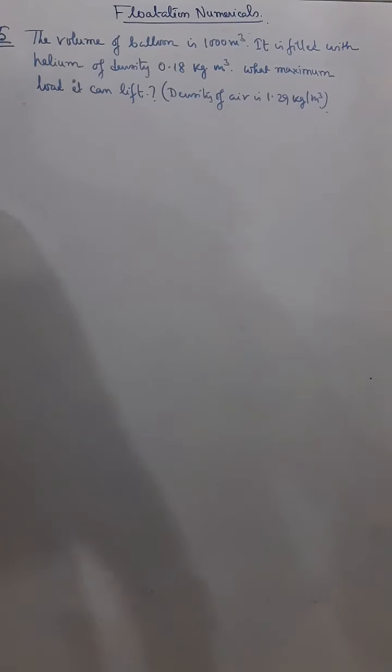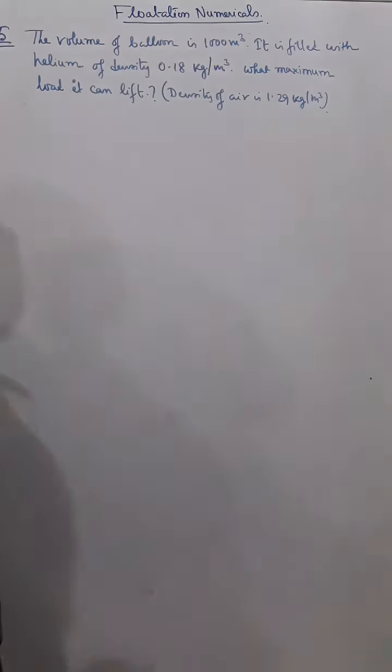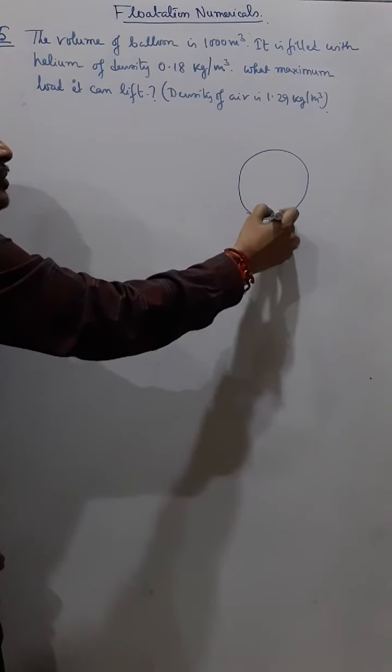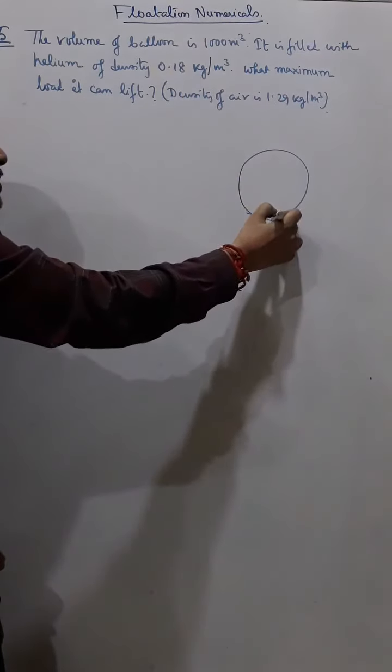Now, they told that the volume of a balloon is 1000 meter cube and it is filled with helium of density 0.18 kg per meter cube. What maximum load can it lift? You can understand that in a hot air balloon, you see big balloons rise up.